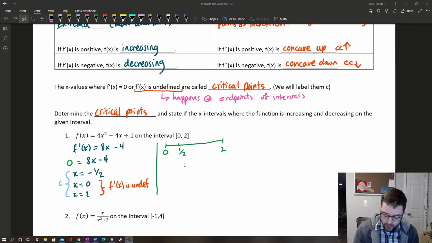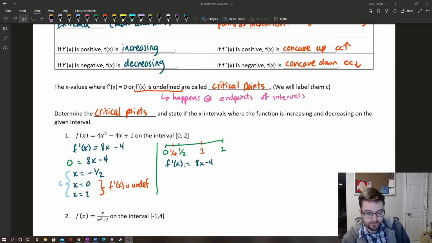So f prime of x is equal to 8x minus 4. So where is 8x minus 4 positive or negative? If we choose numbers like 1/4 in between that first interval, 0 and 1/2, and then we choose like 1, if we plug in 1/4 to f prime of x, is that going to be positive or negative?